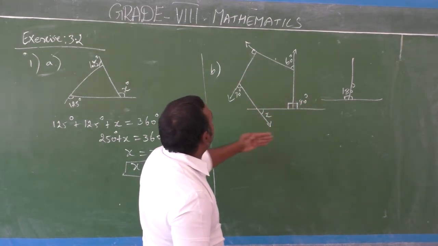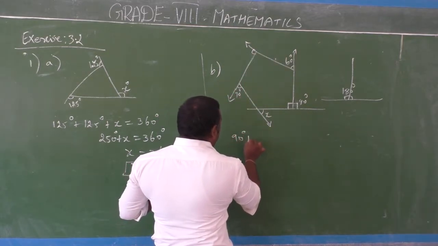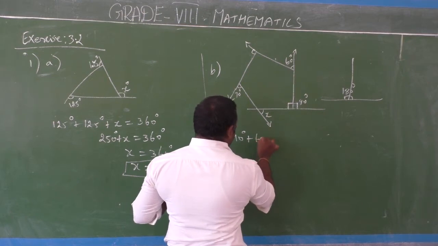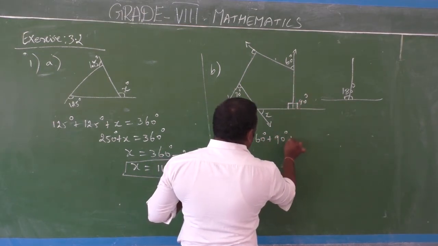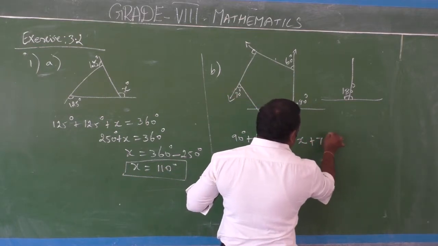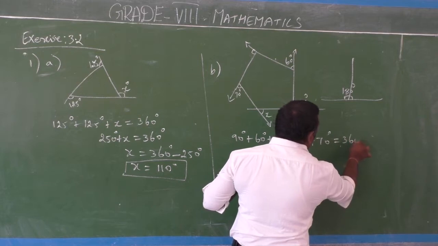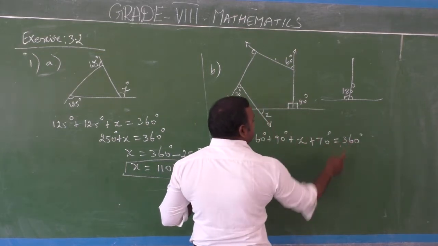So the sum of all exterior angles: here 90 degrees plus here 60 degrees plus 90 degrees plus x plus 70 degrees is equal to the sum of all exterior angles of a polygon, which is 360 degrees.